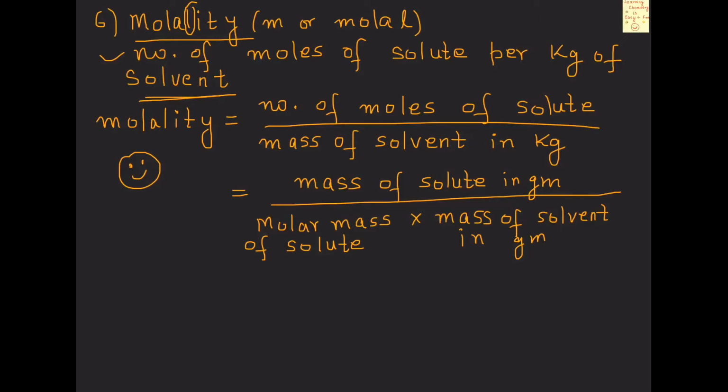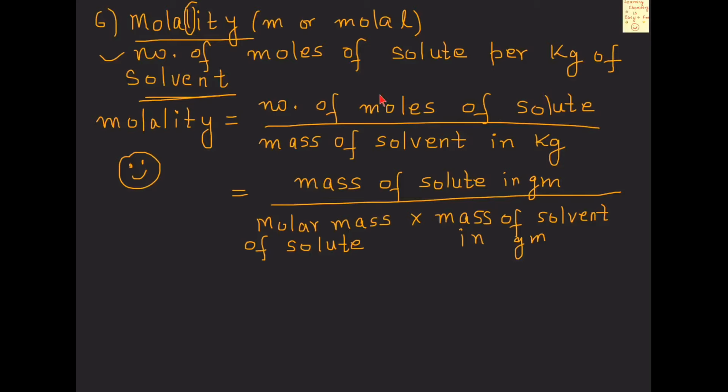Molality. Yes, number of moles of solute present per kilogram of the solvent. So we have number of moles of solute divided by mass of solvent in kg. But in the laboratory, we usually do not deal with such high weights. So let's convert it into a simpler form so that it's easier for us to relate to.